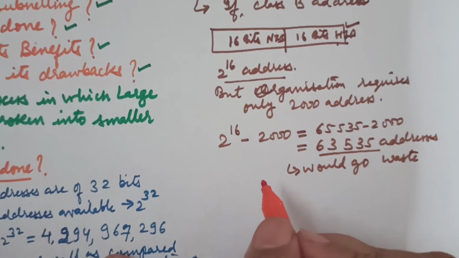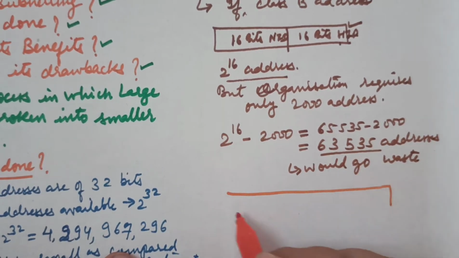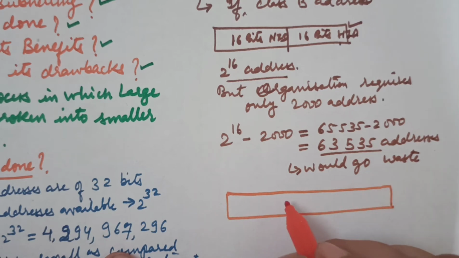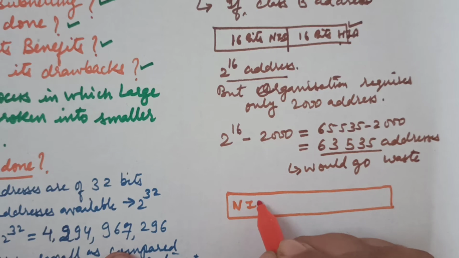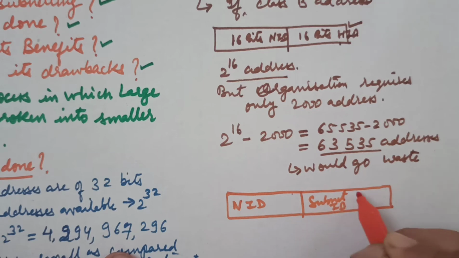Now, if this class B address is subnetted, then it will have a 3-level hierarchy. It will have network ID followed by subnet ID followed by the host ID.